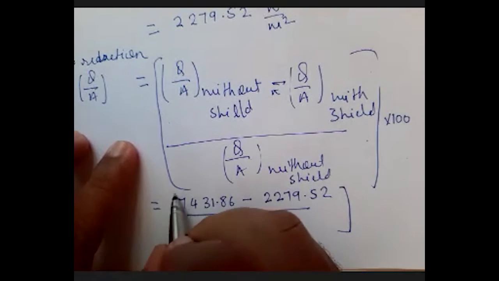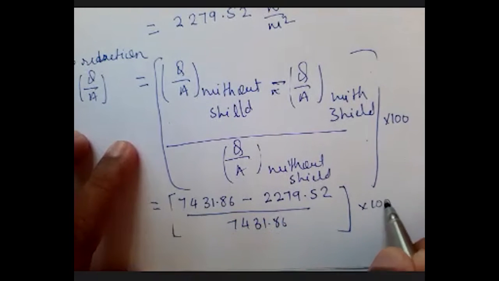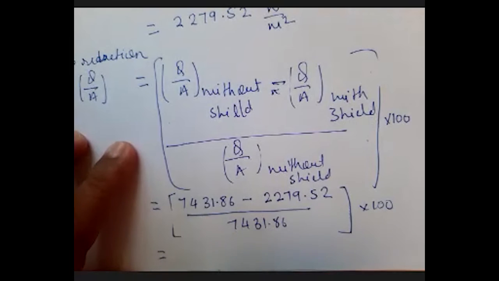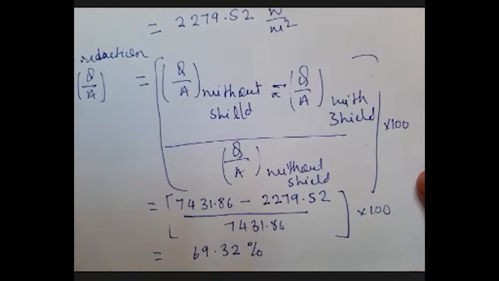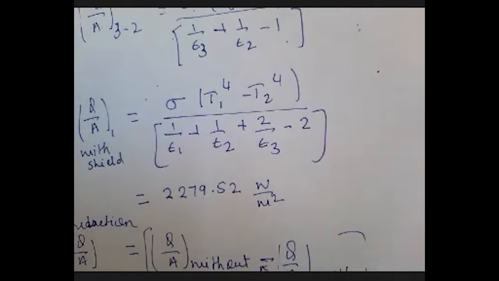This is whole multiplied by 100. This comes around 69.32%. It comes around 69.32.